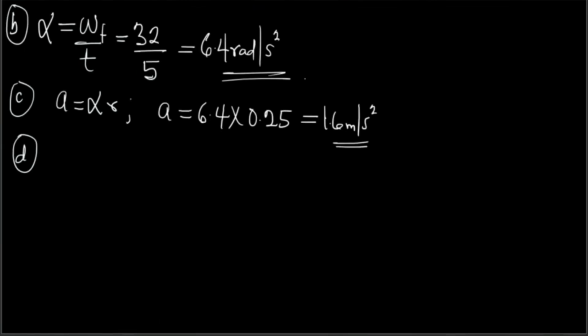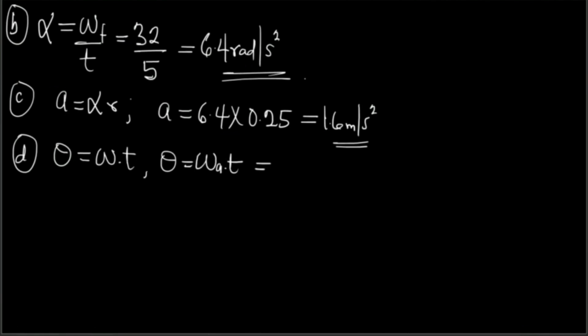With the D part of the question, you are to determine the angular displacement during 5 seconds. Angular displacement is angular velocity multiplied by time. But in this case, you're going to consider the average angular velocity multiplied by time.